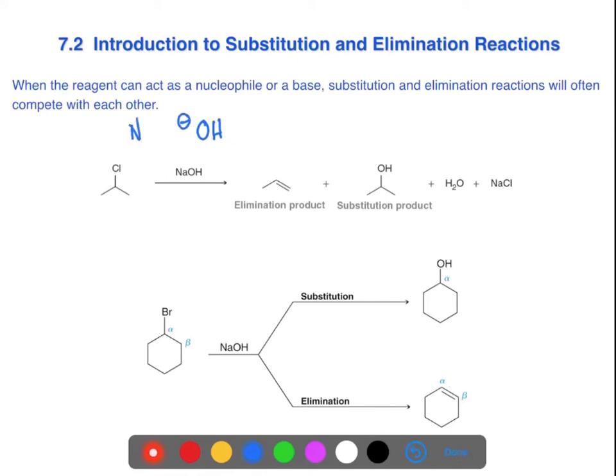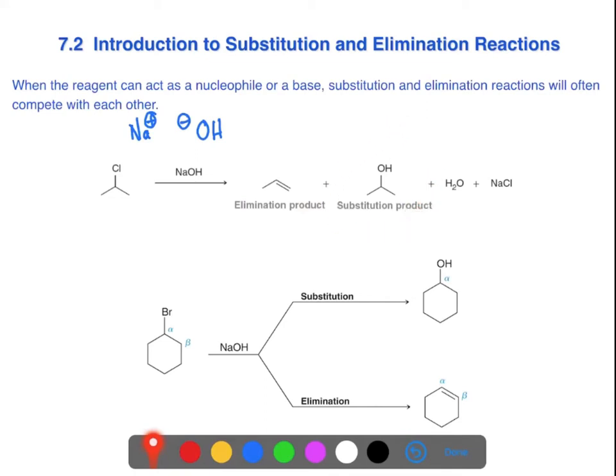Recall our section on counterions and how they play no significant role in the mechanism of reactions. And so the hydroxide ion, in this example, can be involved in the production of an elimination product, i.e. the alkene, or we can form an alcohol.